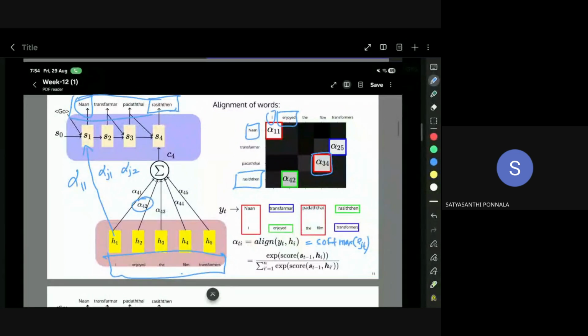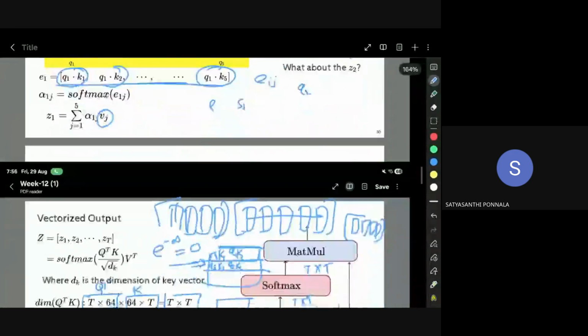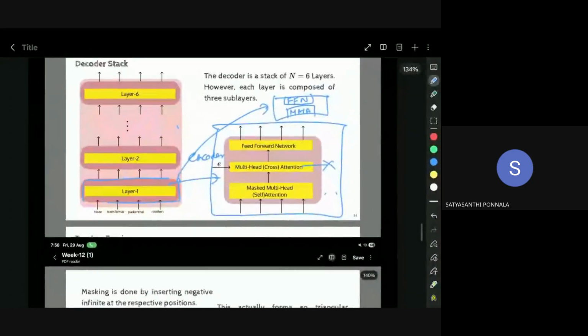Just think that I sent "I enjoyed the film" and it is transformed in the encoder. Now I need to send it to the decoder, right? So how will my decoder take that information and process it? That encoder information will be taken and processed using cross multi-head attention, a cross attention.